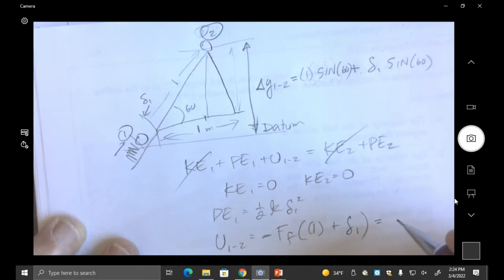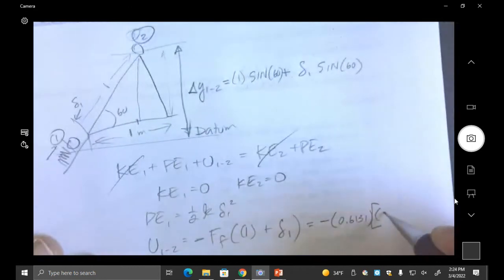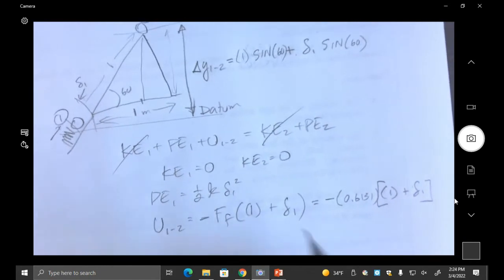All right, so write that out any way that we want to do. I guess we just left it that way. Yeah. We wrote the friction force somewhere. 0.6131, and then 1 plus del 1. I'll just leave it like that for the time being. I think that's true. Yep.